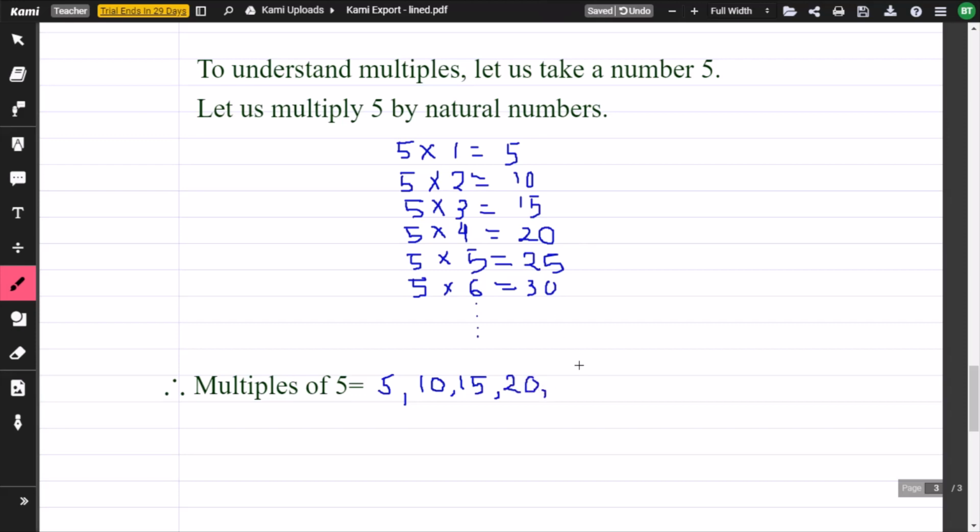After 20, the next multiple is 25. After 25, we have 30. As I said earlier, multiples are infinite, so it is not possible to write all the multiples. That's why after you have written a certain number of multiples, you put three dots and you can stop there.